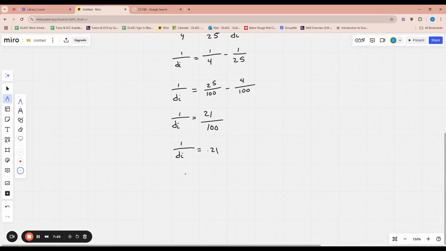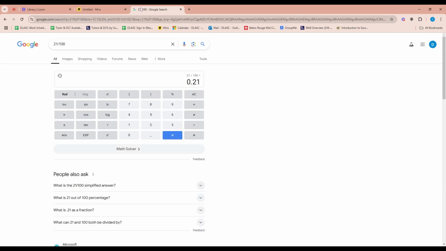So d_i is equal to 1 over 0.21. So it should be around 5. Let's see what the exact number is. 1 divided by 0.21. Yeah, 4.76.